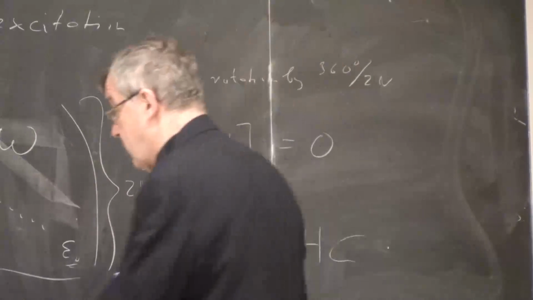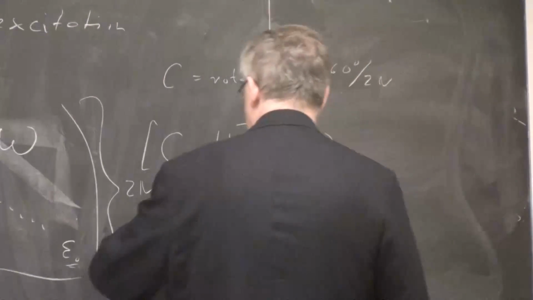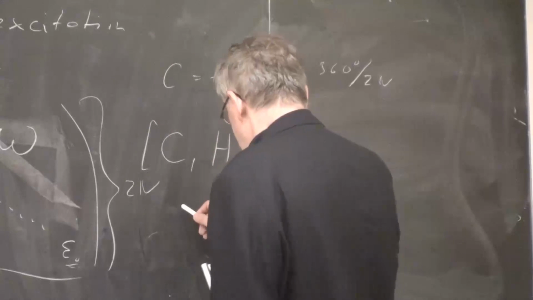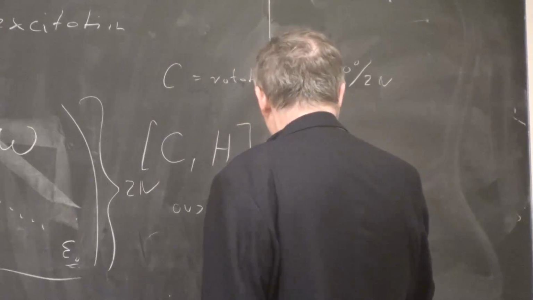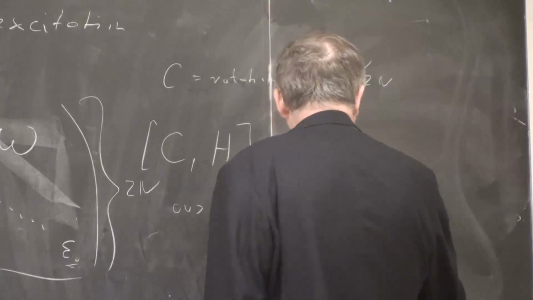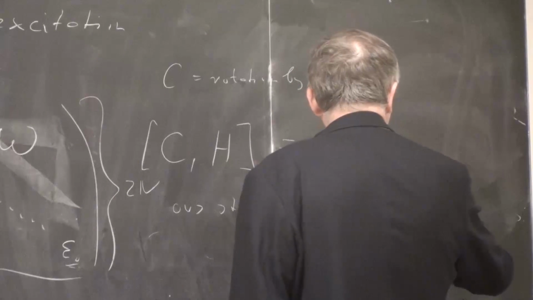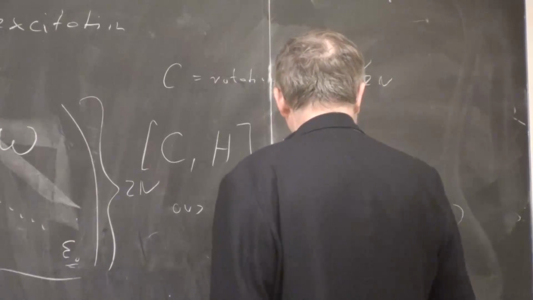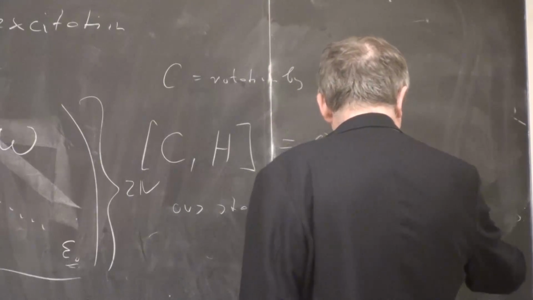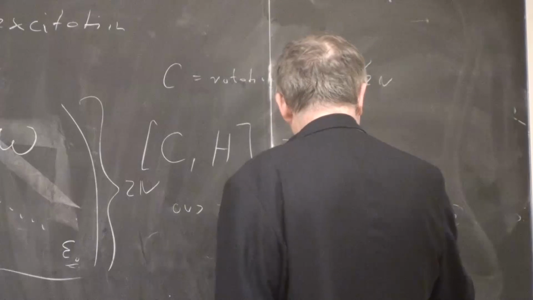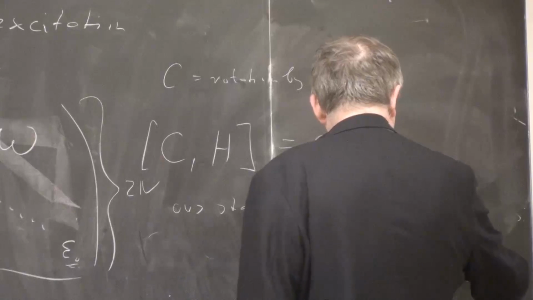So, okay, if we have this kind of system, then we know that our states are eigenstates, H psi n equals E n psi n, and I have C psi n equal to lambda n psi n.